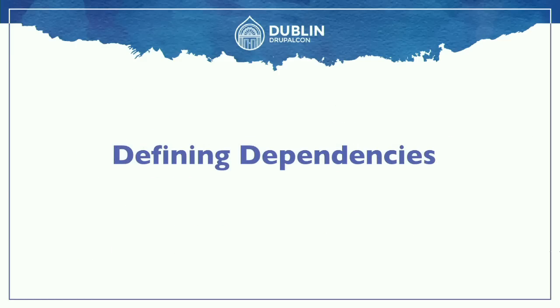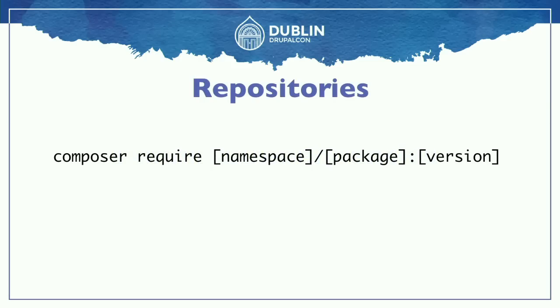So how do you define your dependencies? How do you get things in Composer JSON? You can edit the file manually, which you can do, but you need to make sure that you're writing JSON that's syntactically correct. If you don't, things are going to break and it's not going to work. So Composer has a command line that helps you easily do this and will update your Composer JSON file for you.